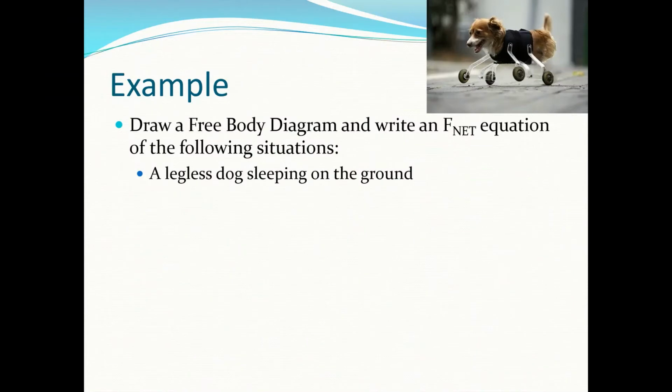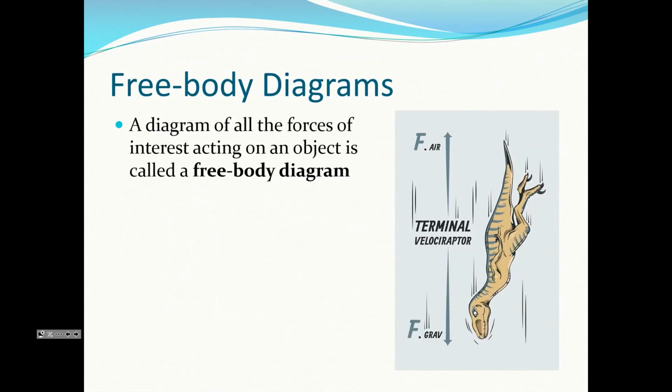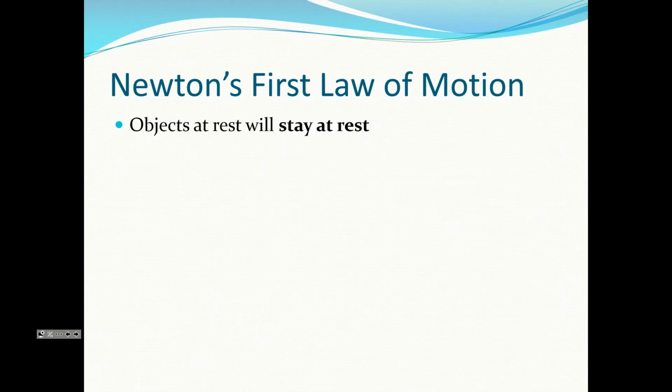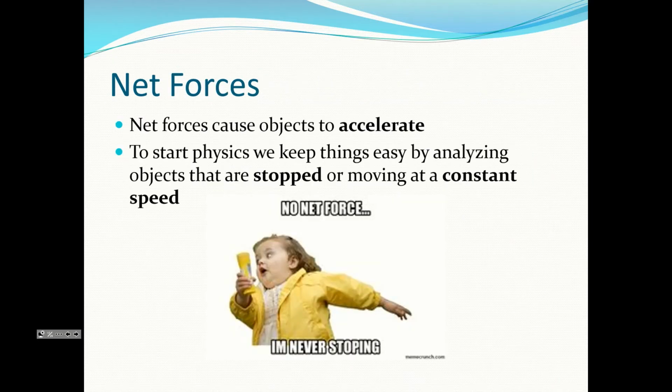If I go back to this, objects at rest will stay at rest, and objects in motion will continue to move in a straight line at a constant speed until a net force acts on it, right? So what a net force does is a net force causes objects to accelerate.